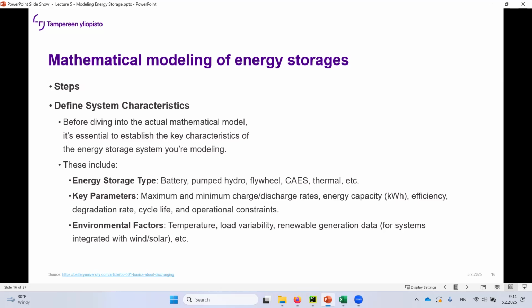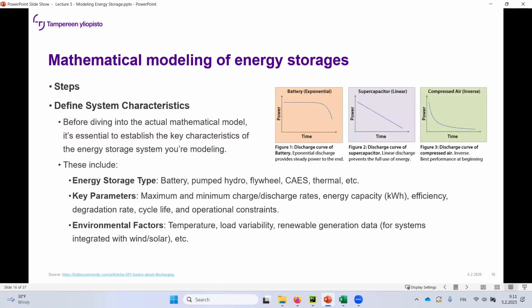But does temperature affect the efficiency, for example, load variability, renewable generation data? So you have to start taking into account external factors. And for example, in here, you can see the discharge curve for battery, supercapacitor, and compressor. So supercapacitor, this is an area I know really little about, but allegedly this behaves in a way that the power decreases linearly over time.